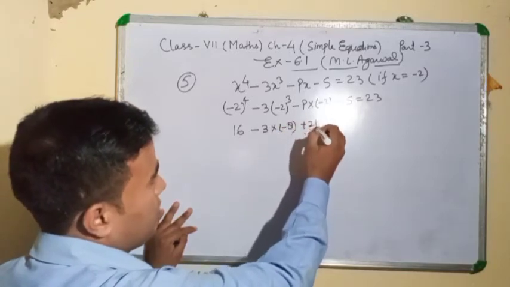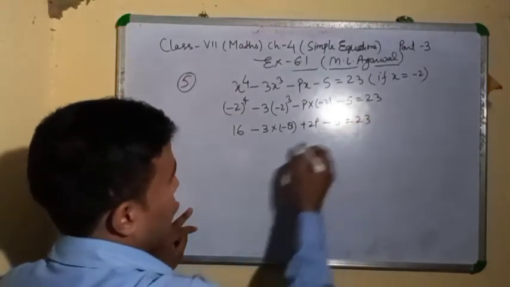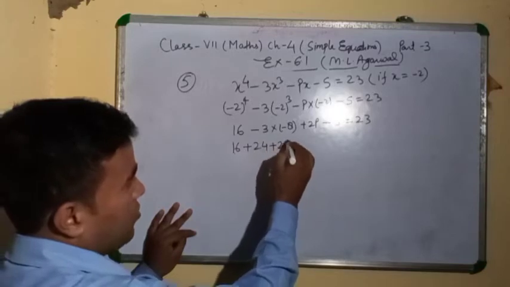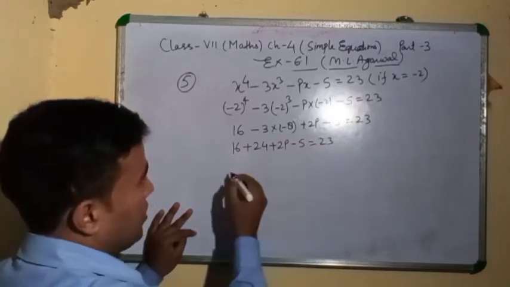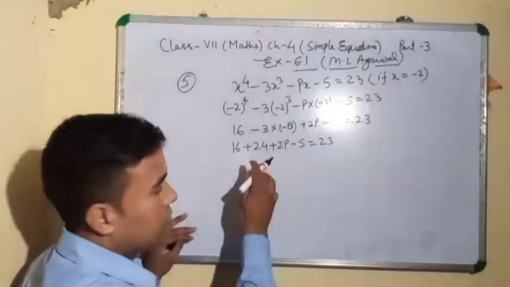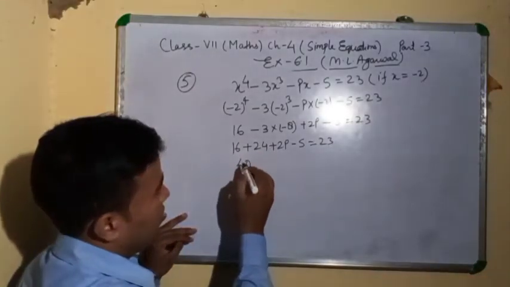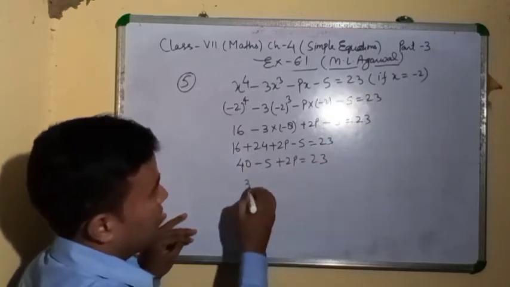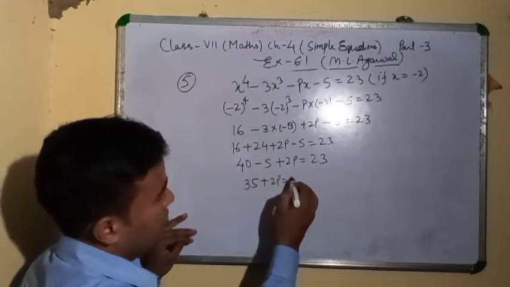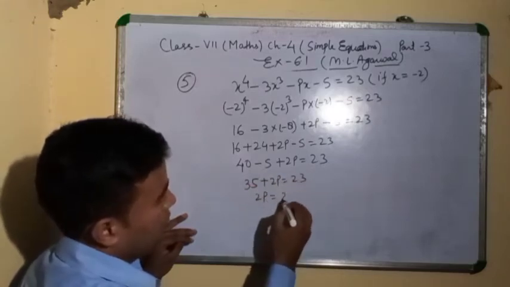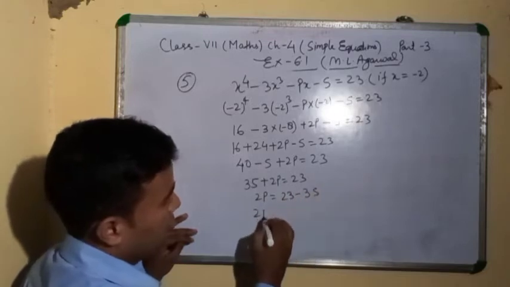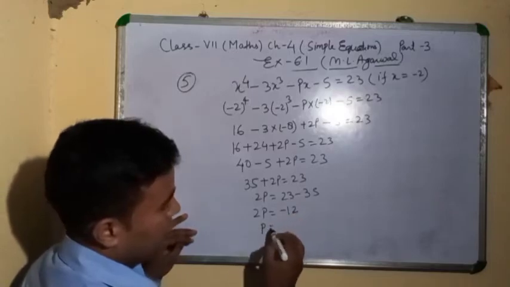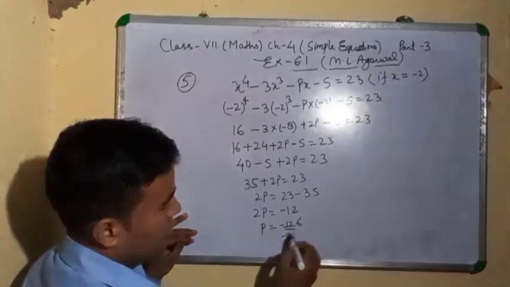Minus minus plus 2p. 16 plus 24, 40 minus 5, 35. 2p equal to, p equal to, 2 6 ja 12.